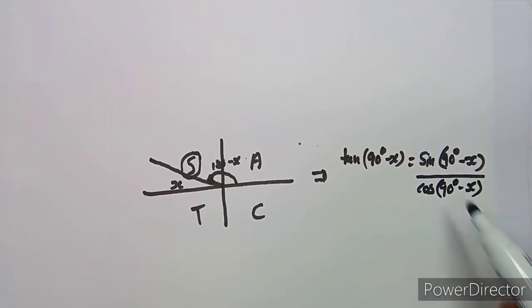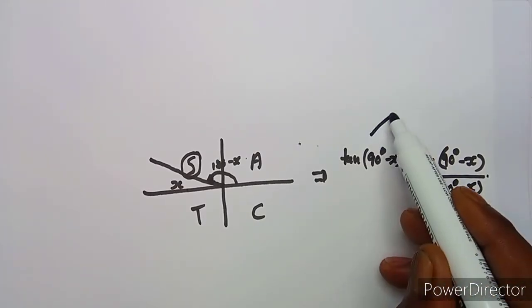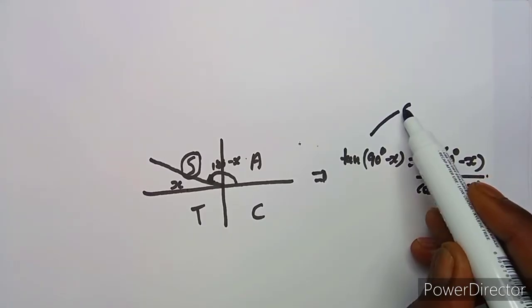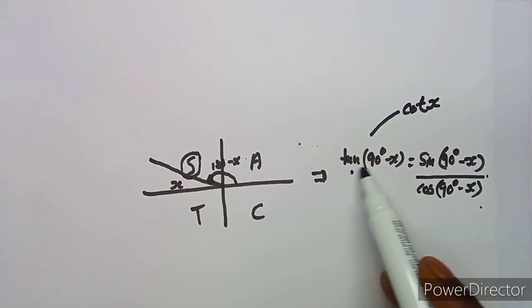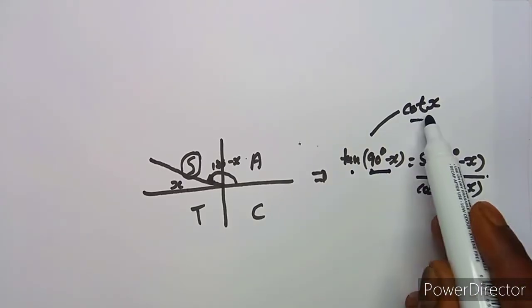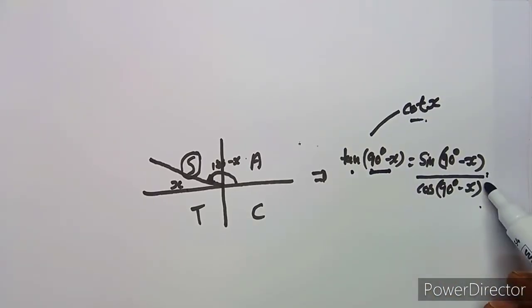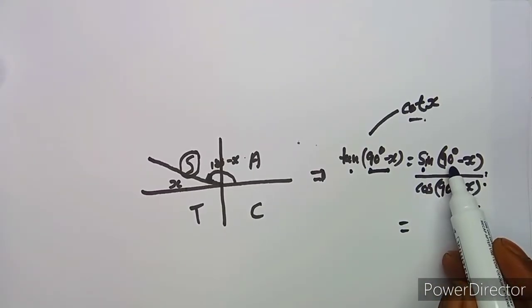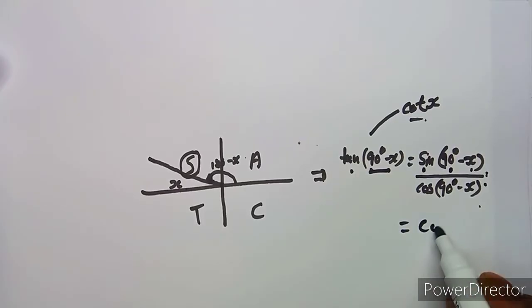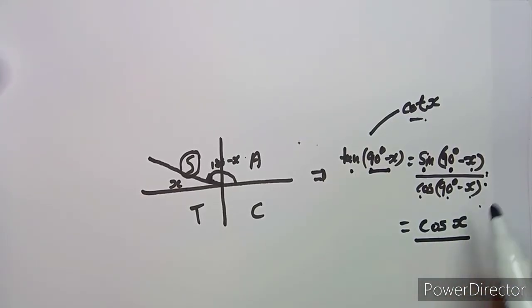So you can apply this concept, or directly, if you know this relationship, it is going to give us cot x. Tan 90 minus x from cofunction is cot x, or you can write it where we know that sine 90 minus x is equivalent to cos x, and cos 90 minus x is equivalent to sine x.